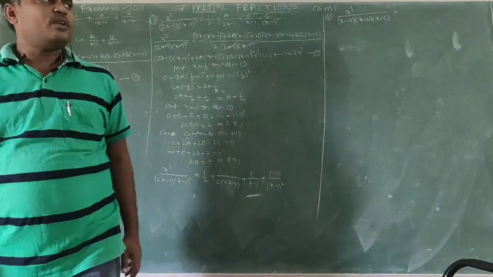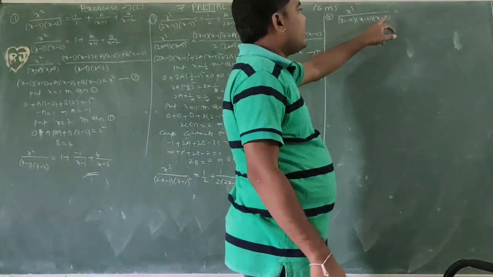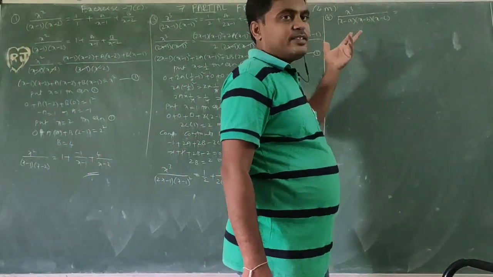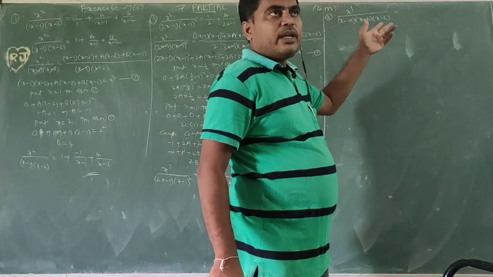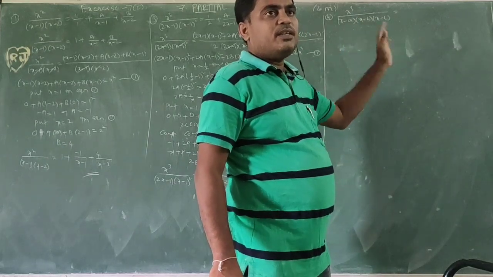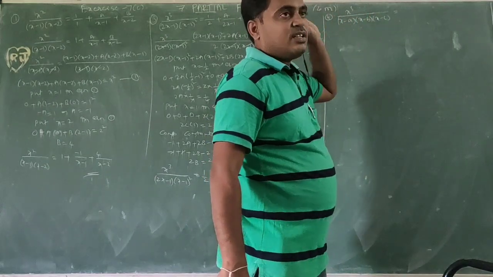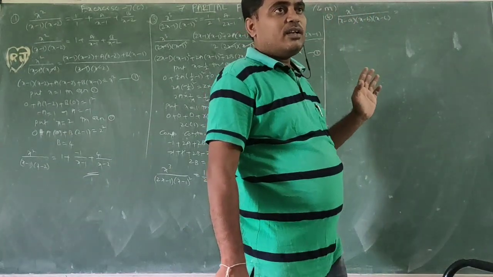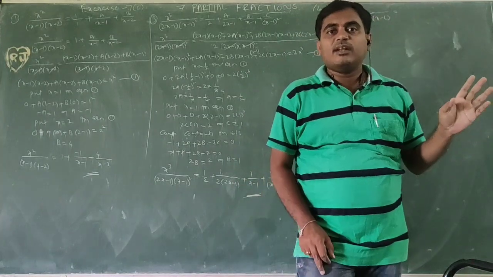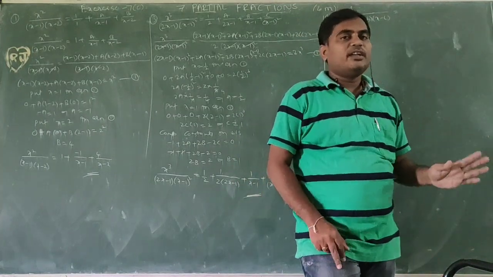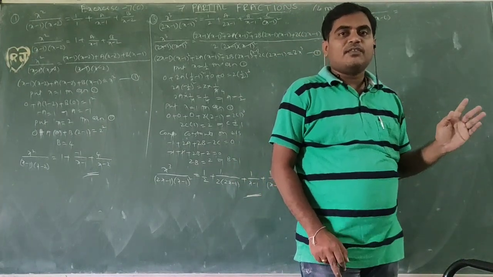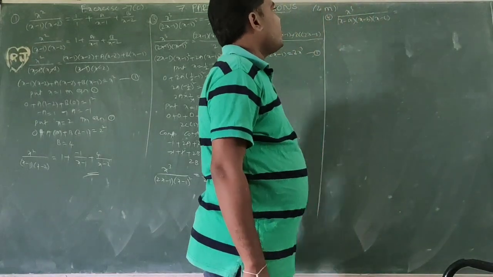Okay, so if we observe generally x minus a, x minus b, x minus c linear factors, so we can write a by x minus a, b by x minus b, c by x minus c. But it is not a proper fraction. Whenever the question is given, you must check whether it is proper fraction or improper fraction. So it is definitely improper fraction.